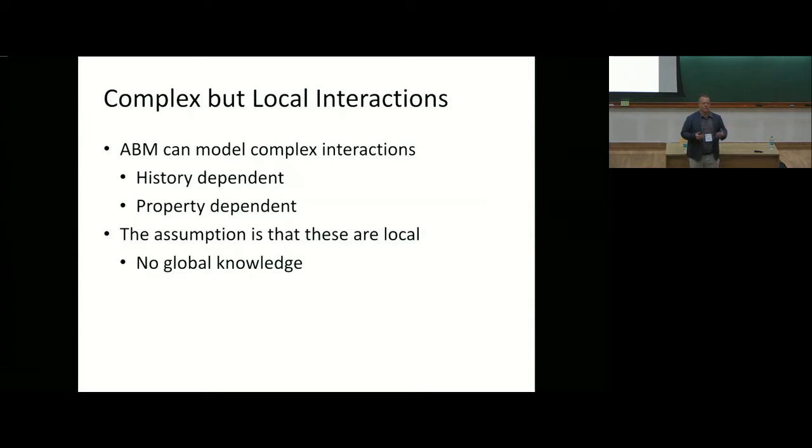Then maybe they're more likely to form interactions with people who prefer the same kind of movies, and I can model that fairly easily. Or maybe one of the people who walks into the room knows that, oh, I talked to that guy at the last party and he just would not shut up, I can't talk to him again. Those kinds of history-dependent decisions can also be built into these models fairly easily, by keeping track of the history of the agents' interactions.